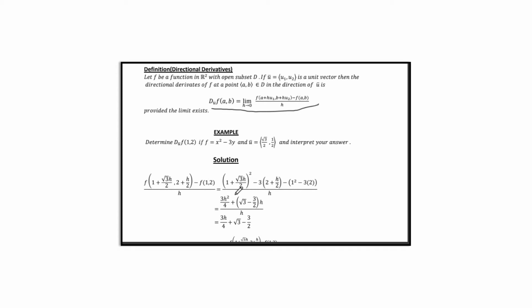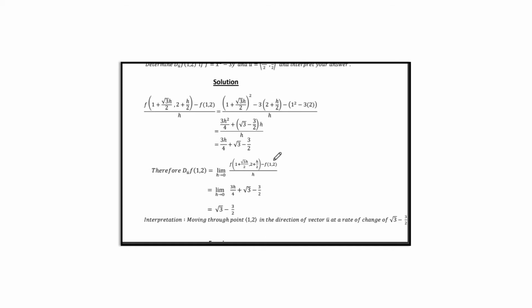Where there is x, you substitute 1 plus square root of 3 over 2 h, and where there's y, you put that, and then this is f at (1, 2). Then you simplify that and it gives you this. Then this h, you bring it down here, so you divide the top part by h, and you get this.